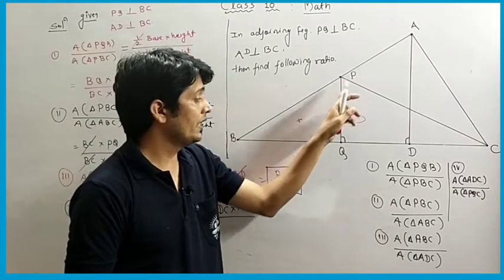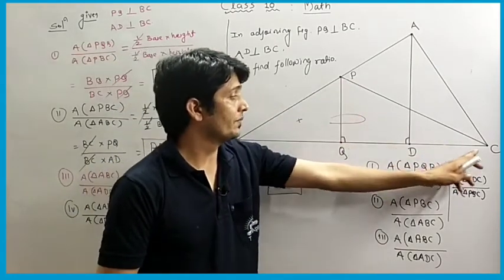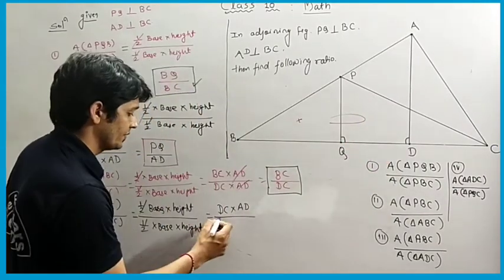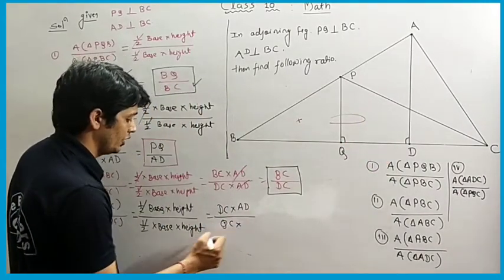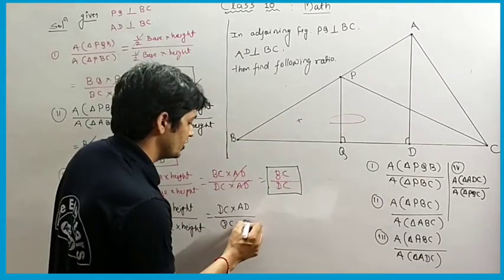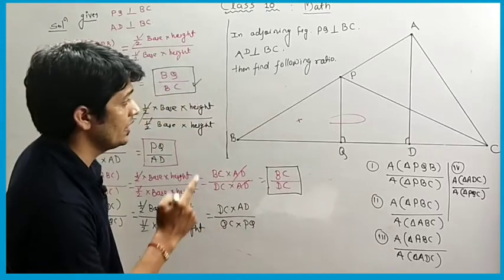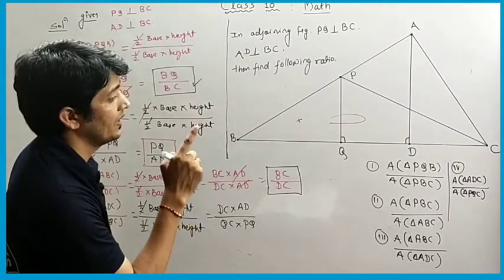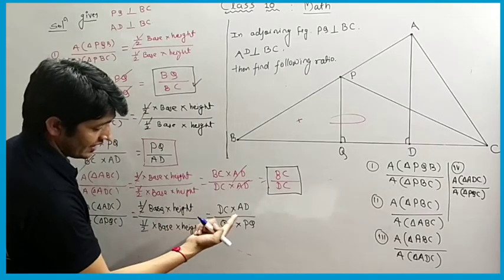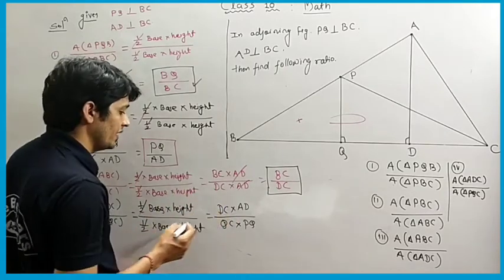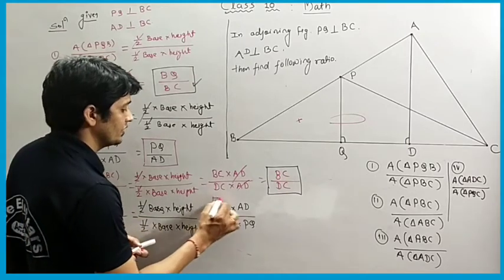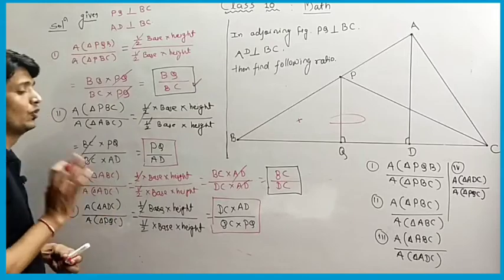The base will be QC into height, which will be PQ. For PQC and ADC, is anything cancelling? No. So this will be the answer. Okay, so this is the answer for the fourth question.